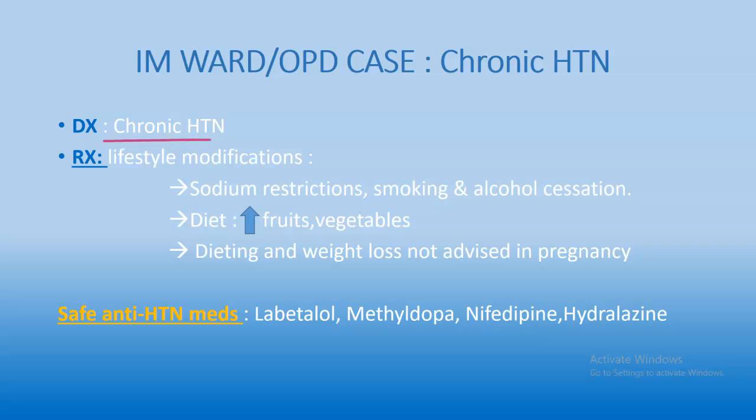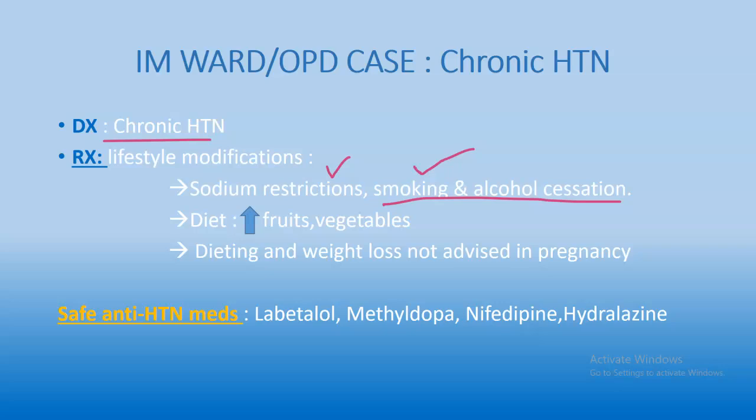So in our case, as we are discussing chronic hypertension, we'll be dealing with the diagnosis and management of chronic hypertension. First of all, lifestyle modifications are most important. Sodium restriction, and smoking and alcohol cessation are most important even for fetal growth, because if she's smoking and consuming alcohol, it can lead to intrauterine growth retardation, damage, and certain fetal anomalies.